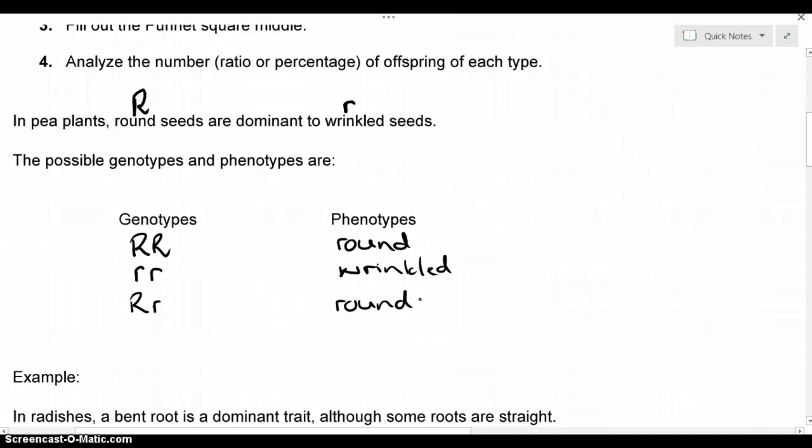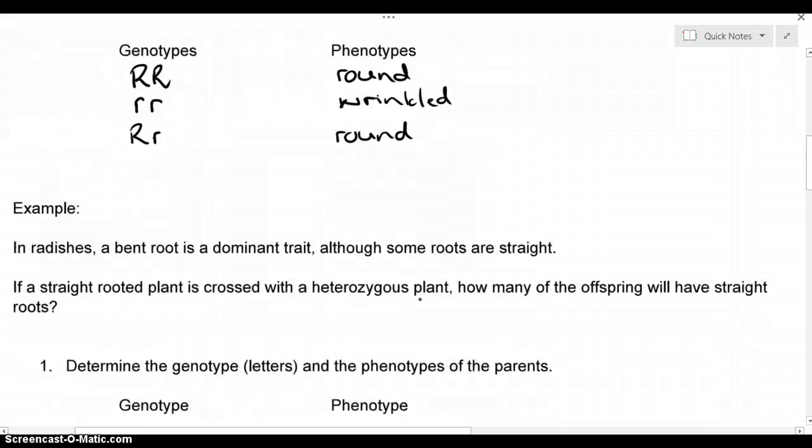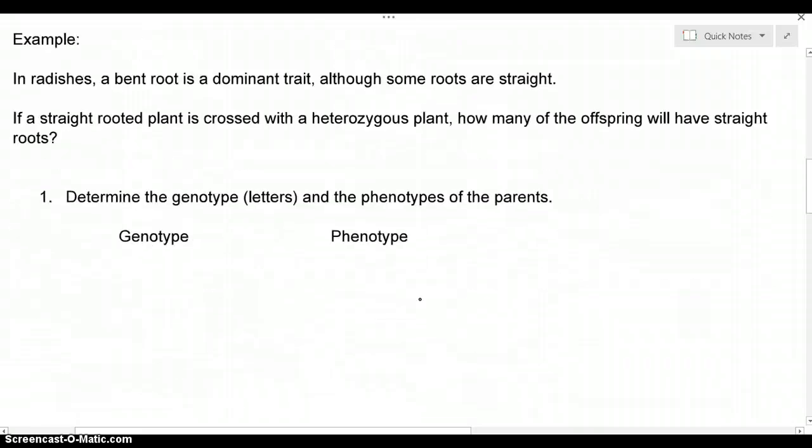Right, so genotypes gives us the alleles that are present in the reproductive cells of the parents, and also the phenotypes tells us what that feature or trait looks like in the parent. Right, we have here an example.